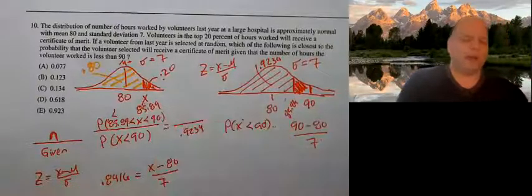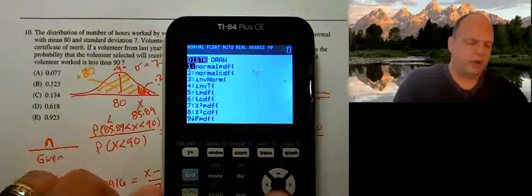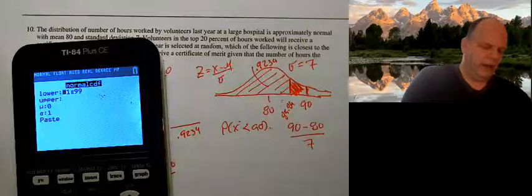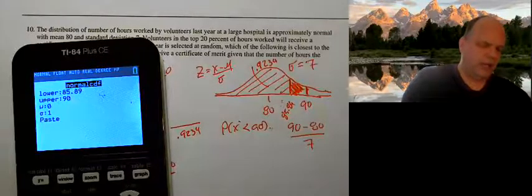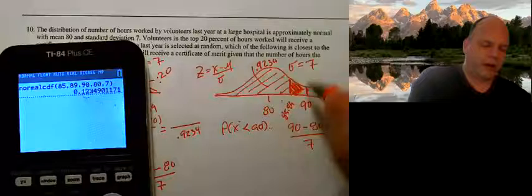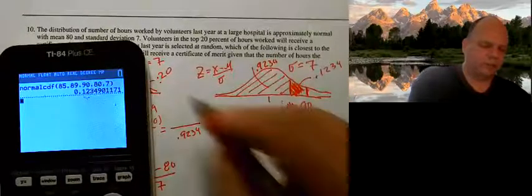This ends up being my upper bound. We're going to do a normal CDF, second vars, normal CDF, lower bound 85.89, upper bound 90, mean is 80, standard deviation is 7. And we end up getting that this area right here is 0.1234.